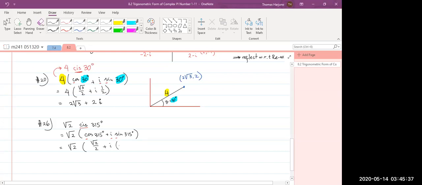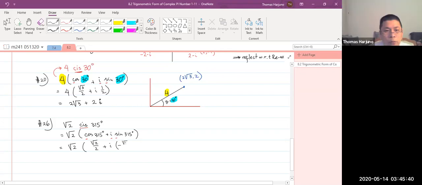Negative square root of 2 over 2. It's in quadrant 4, right? Cosine is positive and sine is negative. Now I will distribute the radical 2. I get 2 over 2 minus 2 over 2 I, which is 1 minus I, right?